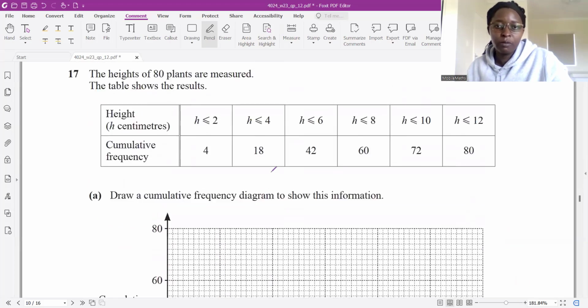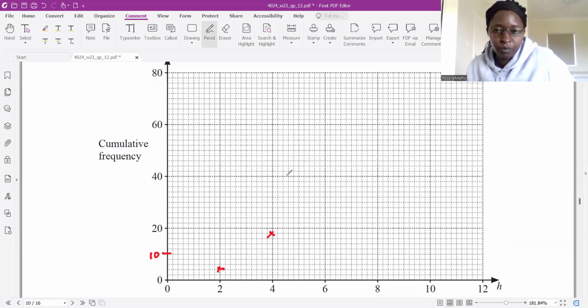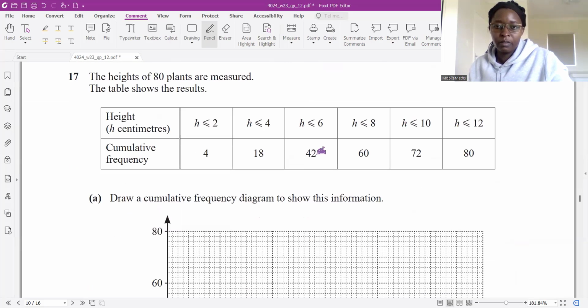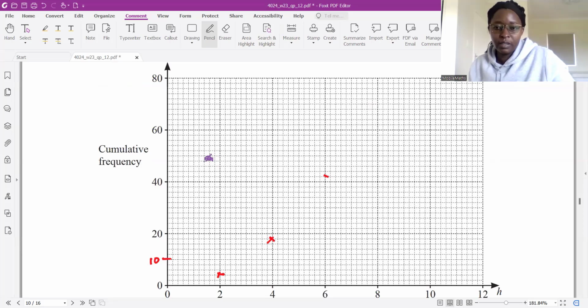Then the next one, for 6, is 42. 1 box up there. Then for 8, it's 60. This one is straightforward, just there.